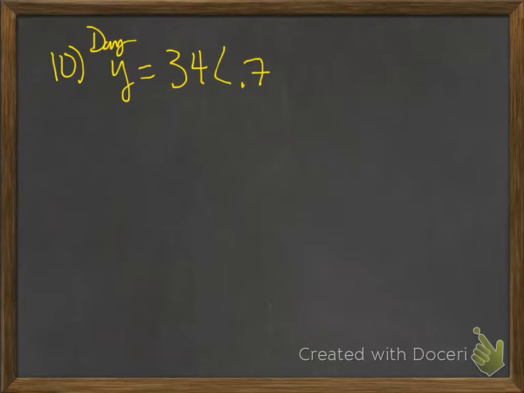Day 2 says, take what you had, and instead of 20, we now have 34 for day 2, times 0.7 to the x minus 1 power, into your calculator. Now we have a piecewise function, so you've got to remember how to put this into a piecewise function.